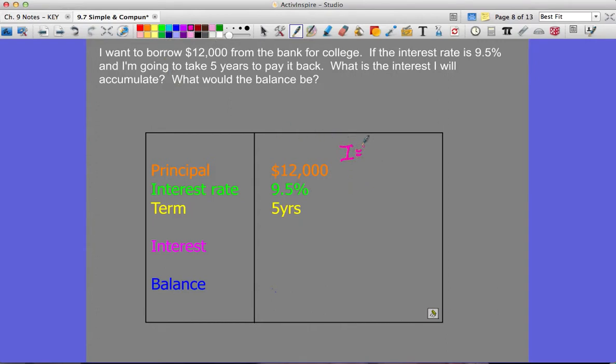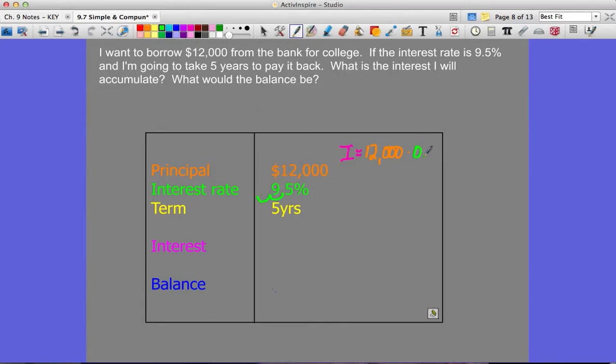Interest equals the 12,000 times 9.5%. But now we learned you can't put percentages into an equation until you've changed them to a decimal. So we need to move our decimal 2 places to the left.